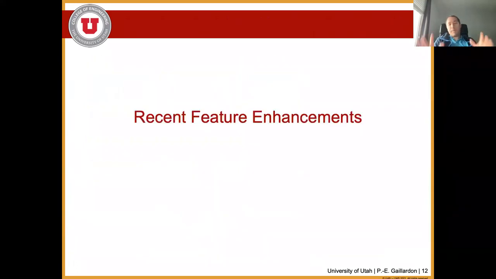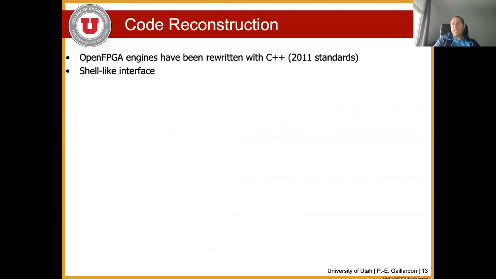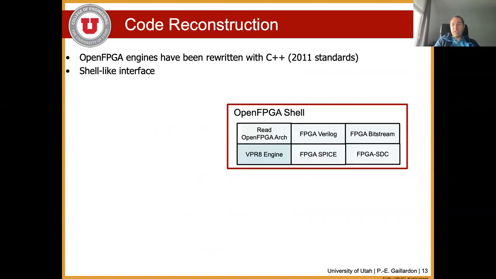All right, so that was a very broad overview of what the framework is. Now I'd like to go through a couple of recent feature enhancements, just to show you more or less where we stand, and where we're going. The first thing I'd like to mention is that OpenFPGA is fully written in C++11 with a shell-like interface.